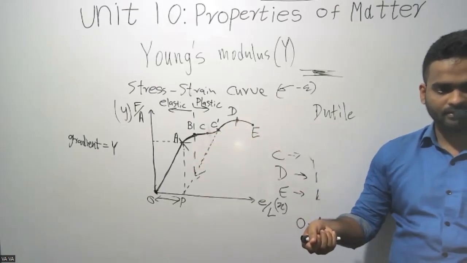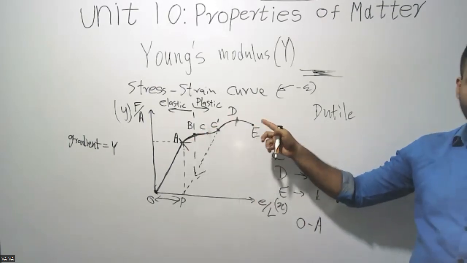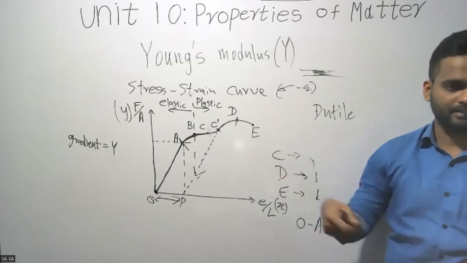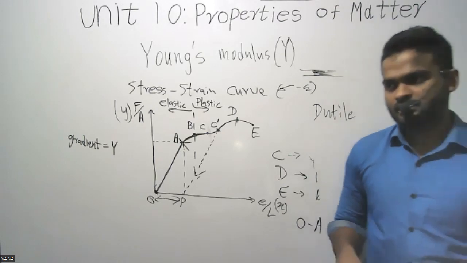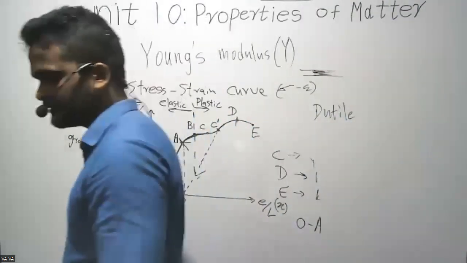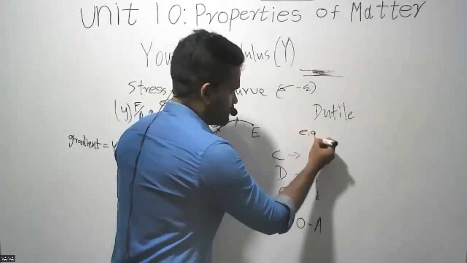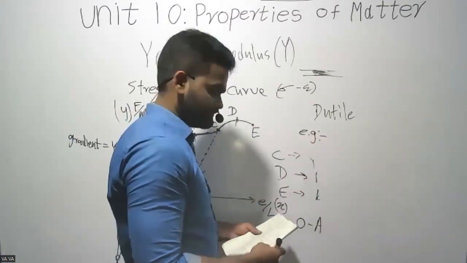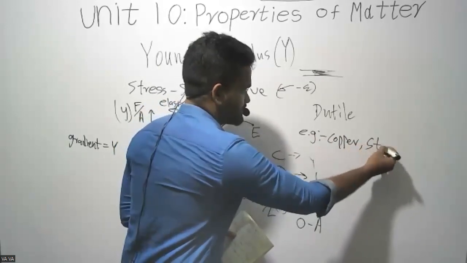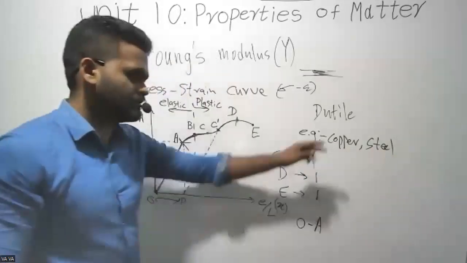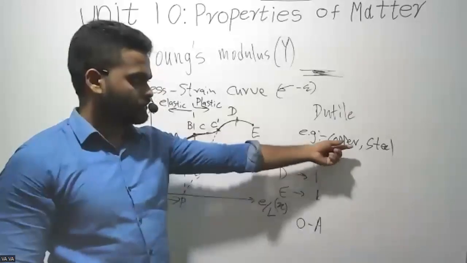It breaks somewhere here, but it keeps extending. So that's what ductile means. Write this example for ductile materials: copper, steel. Many metals are ductile materials.